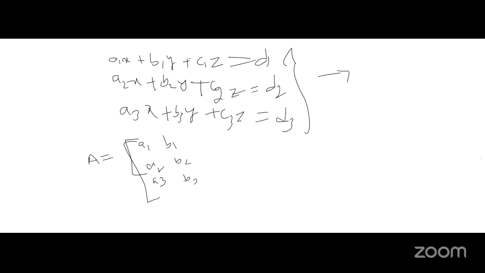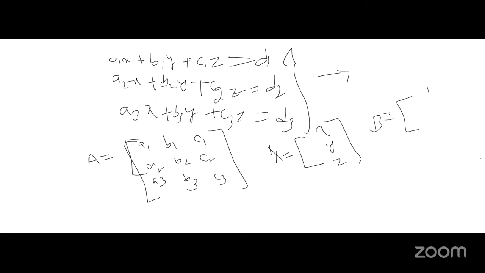Next c1, c2, c3. This is A. Next, x means we need to find the values, that is x, y, z, so we have to determine it. And B equal to d1, d2 and d3.